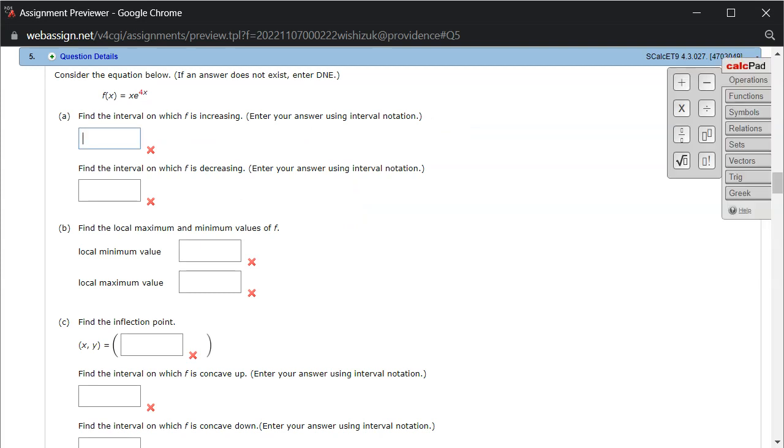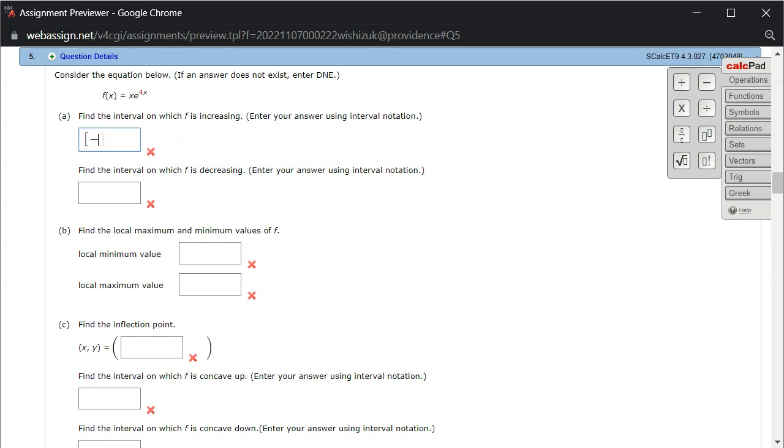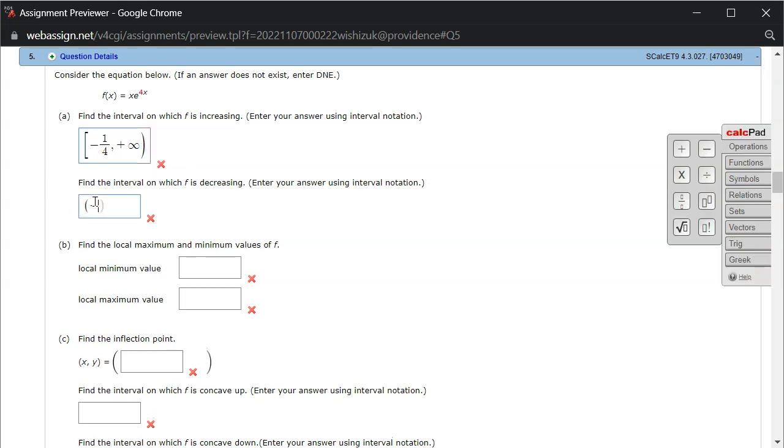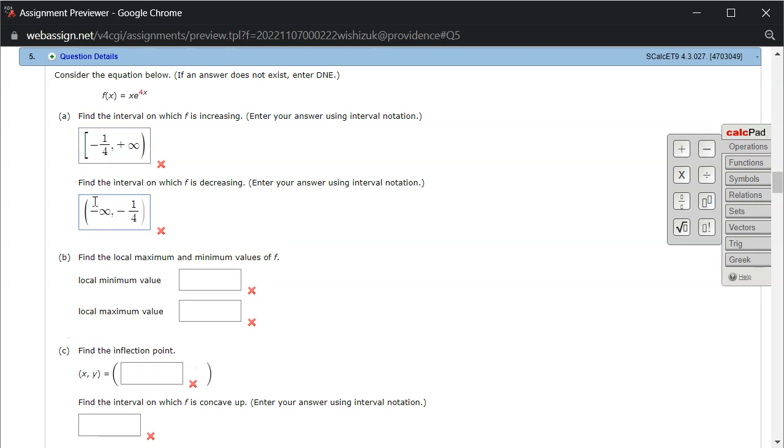It's increasing after negative 1/4, so it's negative 1/4 to positive infinity, and decreasing before that, so it's negative infinity to negative 1/4.